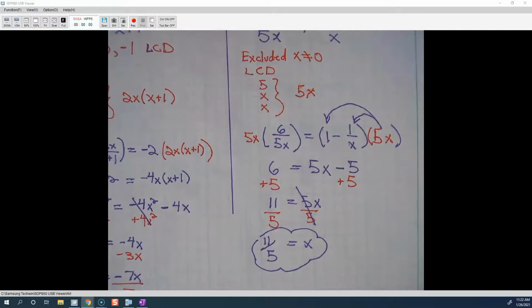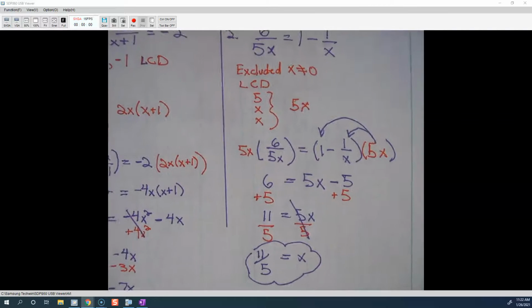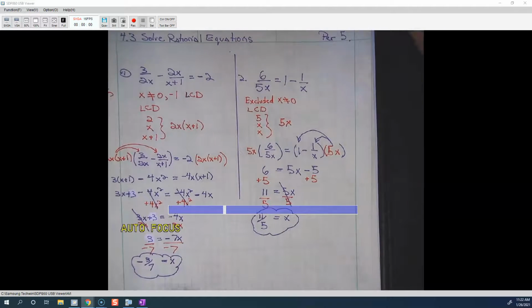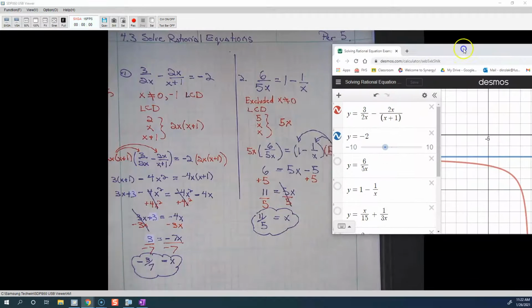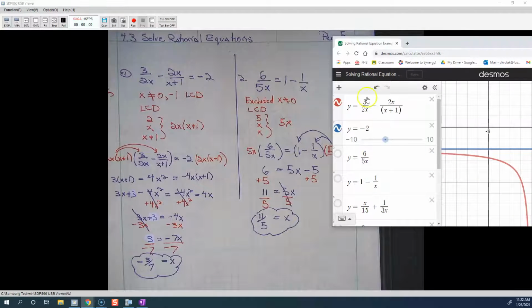Now when we check this one on Desmos, for the left-hand side, I wrote y equals 6 fifths. And then on the right-hand side, I wrote y equals 1 minus 1 over x.